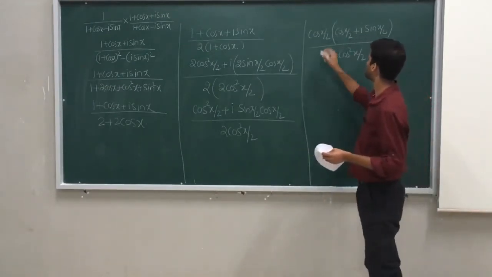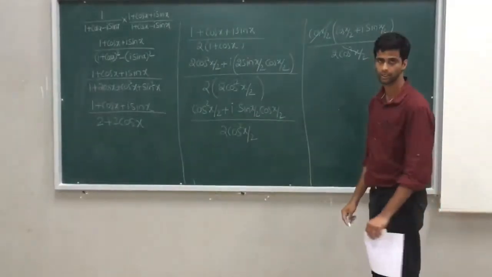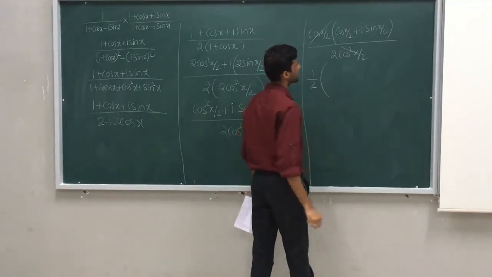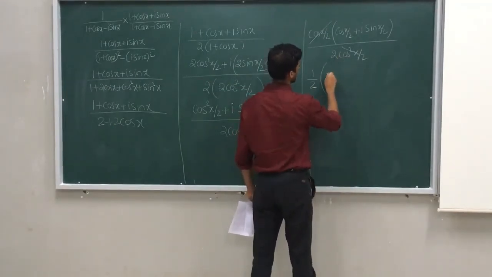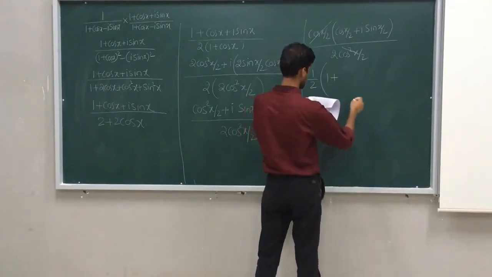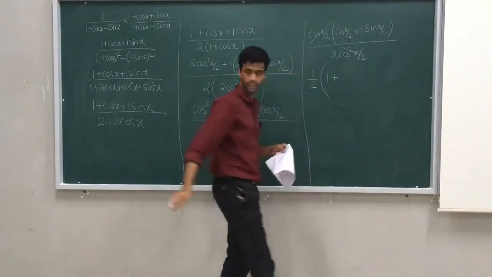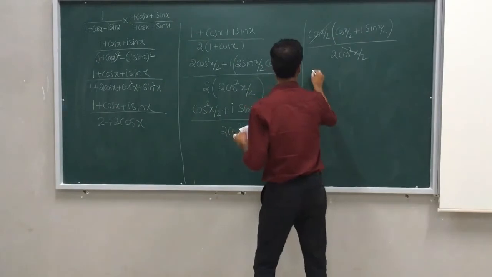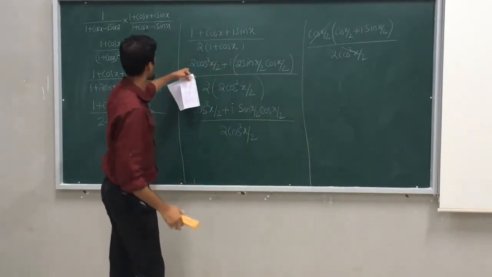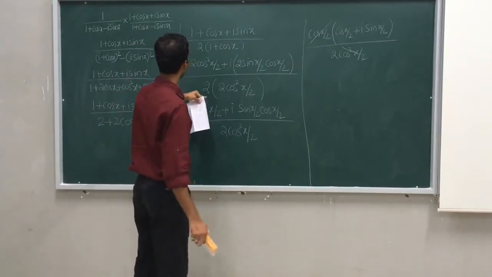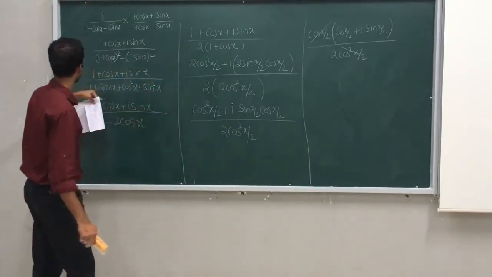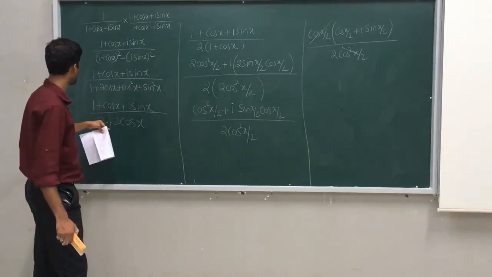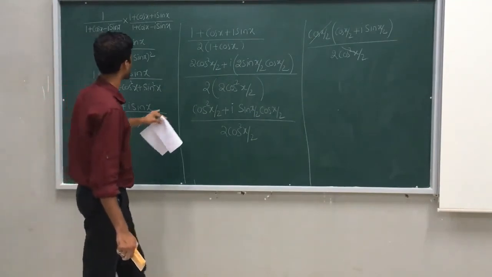Now cos x by 2 gets cancelled, so you are left with 1 by 2, times cos x by 2 plus i sin x by 2 over cos x by 2. You just check here: 1 plus 2 cos x plus cos square x plus sin square x, then 2 plus 2 cos x, 2 times 1 plus cos x, which is 2 times 2 cos square x by 2.